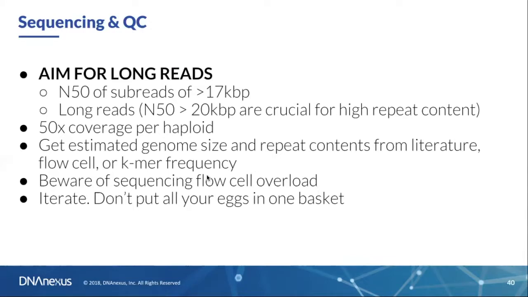For example, you can run flow cytometry and figure out the genome size for your species. Also, if you have Illumina data from your sample, you can estimate the k-mer frequency and then use a tool like GenomeScope to interpret the k-mer frequency into genome size and repeat content.